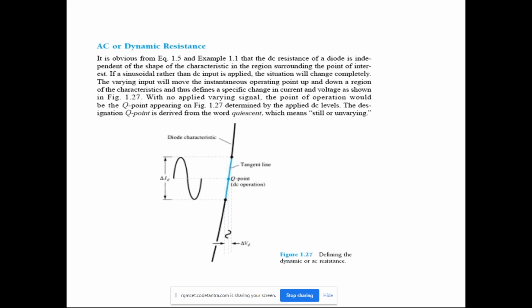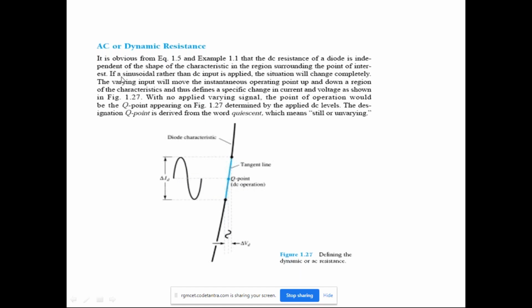How it changes: once we fix the operating point and apply some sinusoidal signal, this Q point changes according to the sinusoidal signal. At this point this is the Q point, at this point this is the Q point.